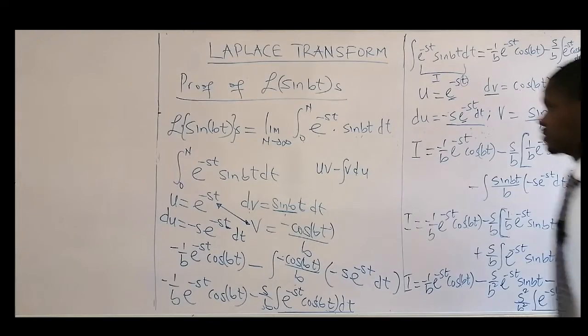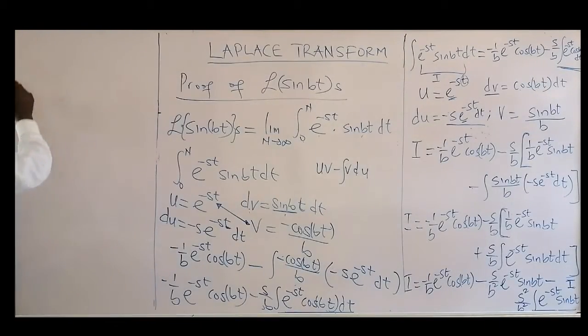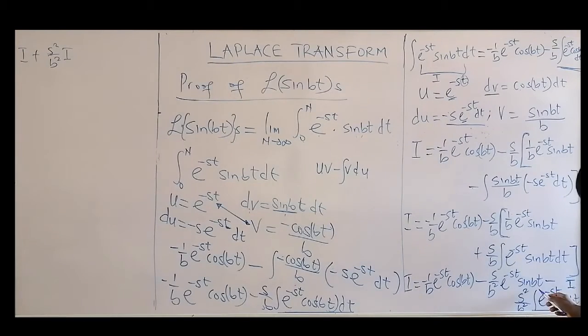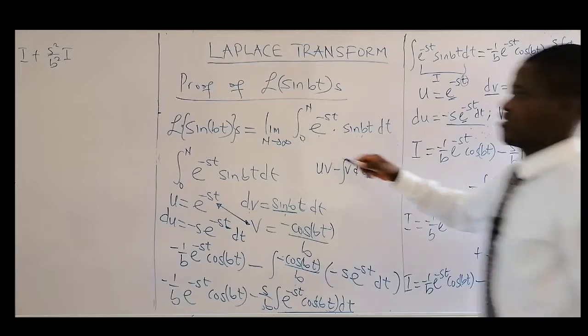If you move that to the left-hand side, we have I plus x squared over b squared I. This integral is what I'm calling I, the symbol I, which is the same as our question. And when you move the negative to the other side, it becomes plus.